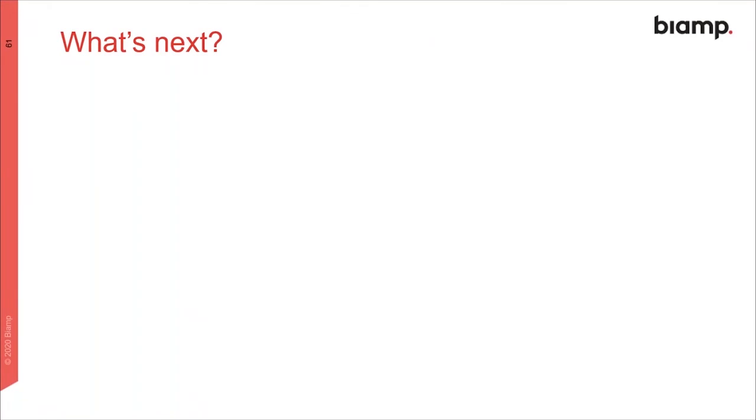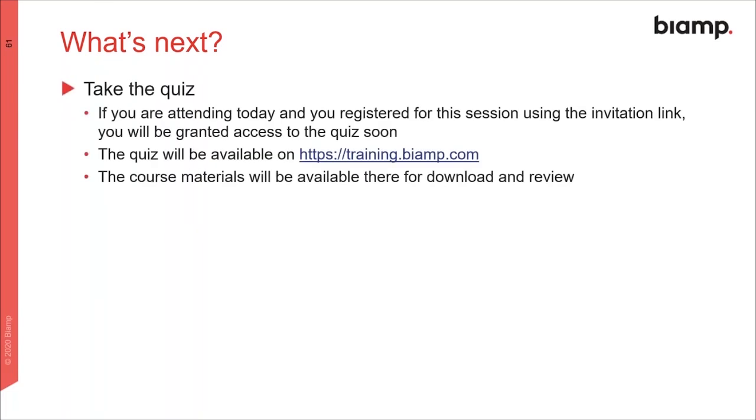I'll also explain that to get a certificate, you will have to head over to the training website. If you are attending today and you registered for this session, you will be able to access the quiz on the training website, training.biamp.com. It also allows you access to the full course. Of course, you don't have to take that course now.